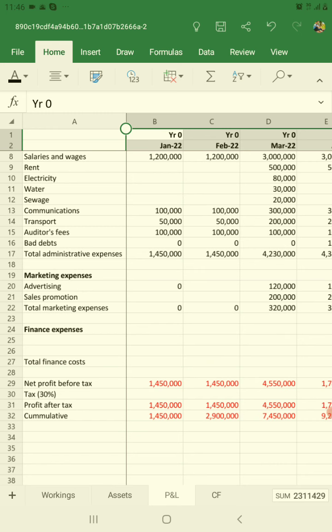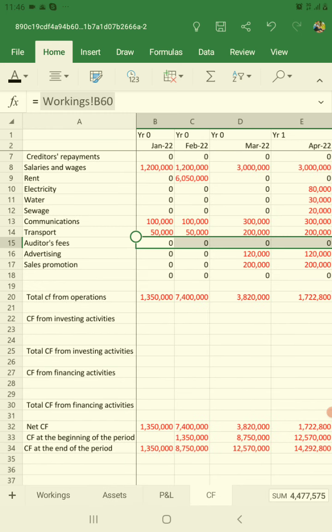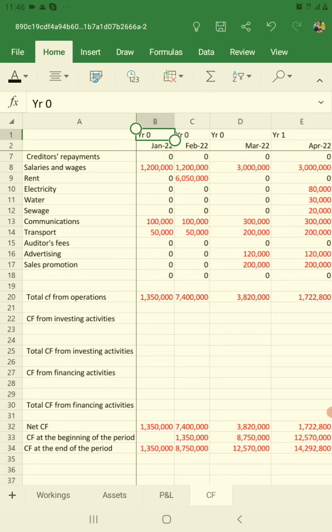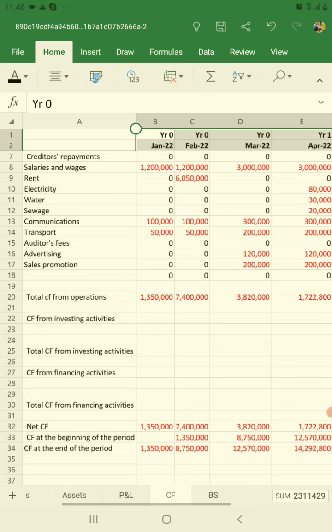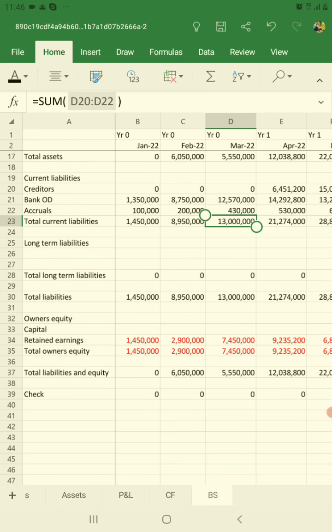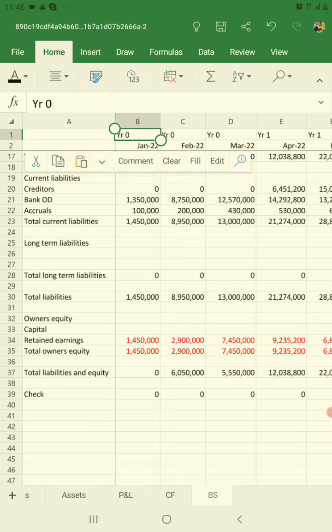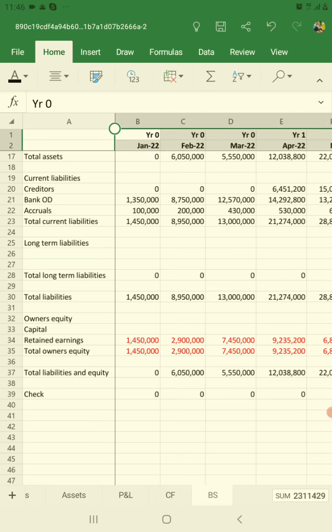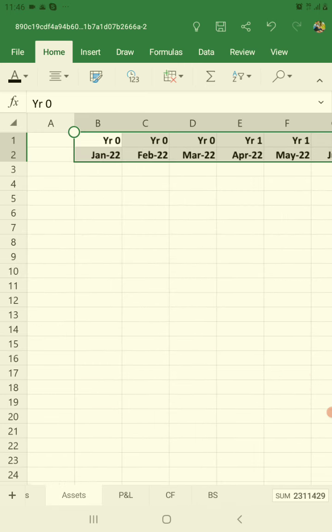Do the same on cash flow sheet, click at the beginning, tap to paste, and on the balance sheet it is hidden, so I slide to the left to bring it, click on balance sheet, the same, tap to paste. Okay, so let's go back to our asset sheet now.